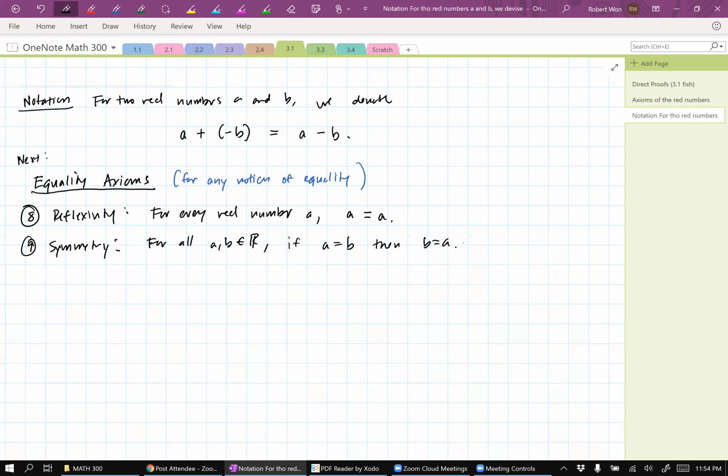If the real number A is equal to the real number B, then I'm going to assume that the real number B is equal to the real number A. Okay, 10 is called transitivity, which is for any real numbers A, B, C, if A equals B and B equals C, then A equals C.